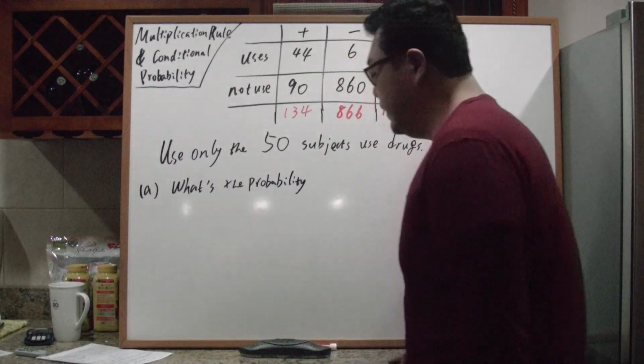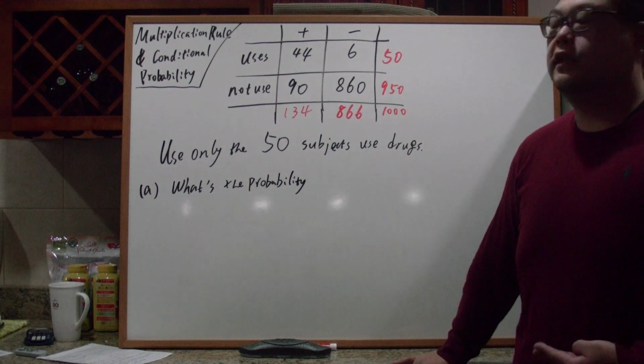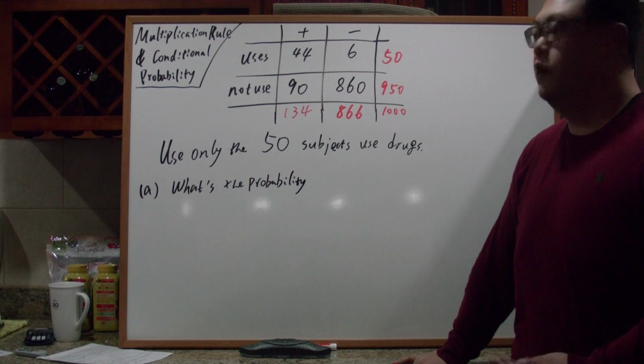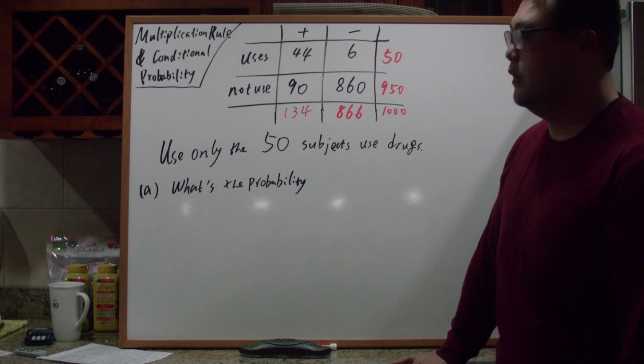I find the probability that I randomly select one person and have a positive result.